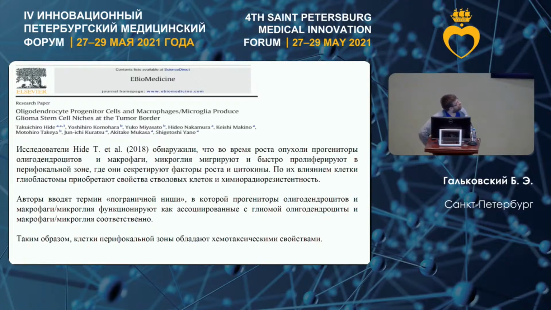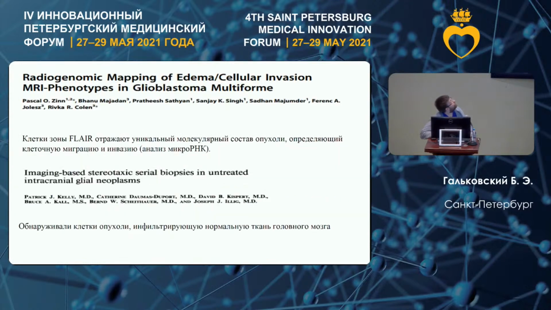The perifocal zone, according to the latest studies, includes not only the tumor cells, but also the surrounding microglia and others. They produce cytokines and growth factors that ease the growth of the tumor in this zone. So the microenvironment cells form a border niche, according to some authors. And chemotaxis attracts to the zone the stem cells of the tumor, providing its invasive and fast growth.